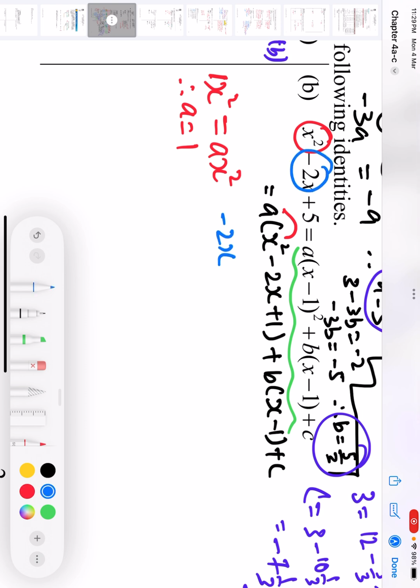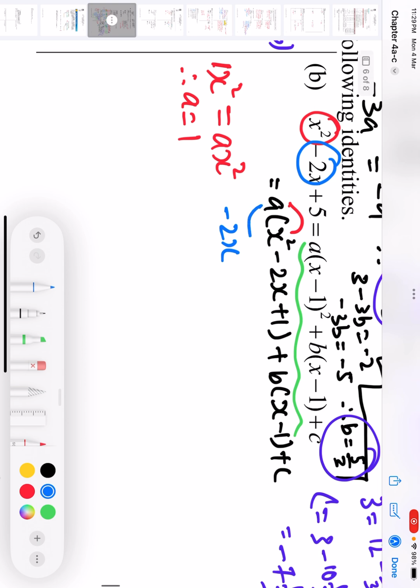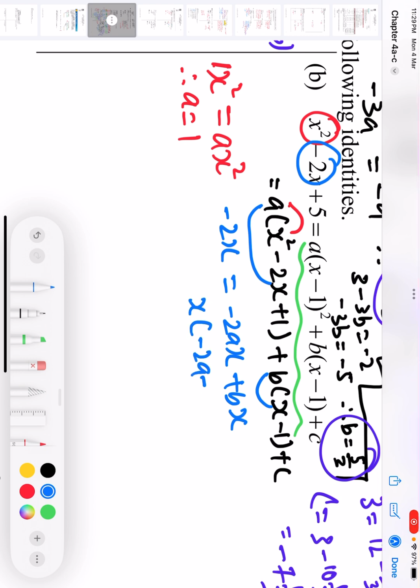Negative 2x. If I have a negative 2x, I have to ask myself the same question. How do I get a coefficient of x? So a times negative 2x, negative 2ax. Here it's b times x, plus bx. Is there any other way? No, that's about it. So I can factorize out x: negative 2a plus b is equal to negative 2x.